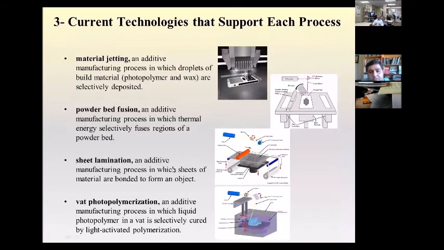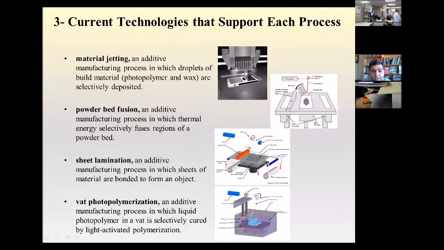Then we have material jetting. Instead of bonding through glue or binder, you print small droplets of wax, photopolymer, or similar materials on the previous layer and bond them together. We have powder bed fusion, which is a source of energy and then masking selected areas.